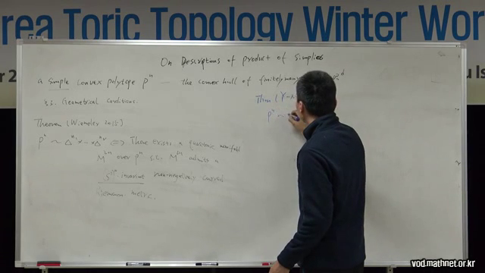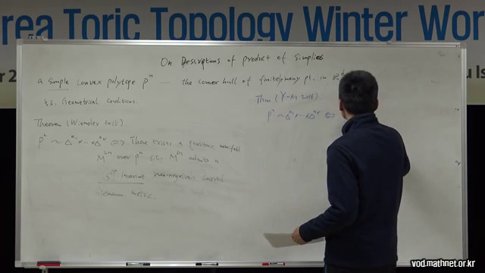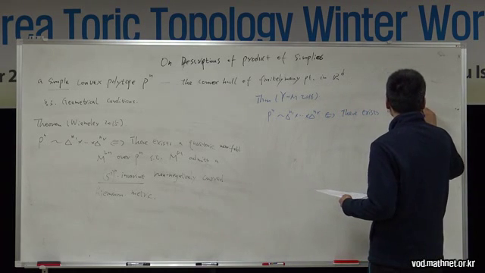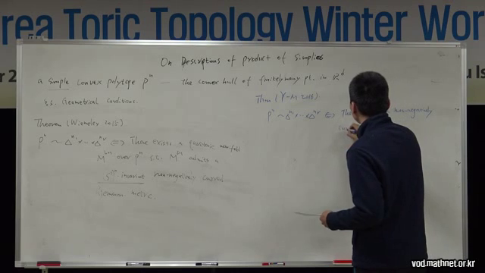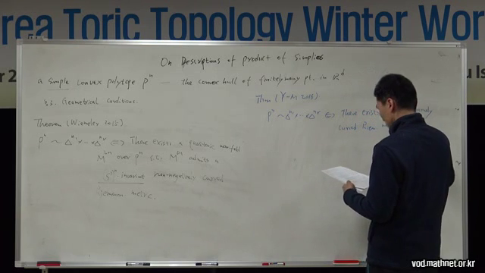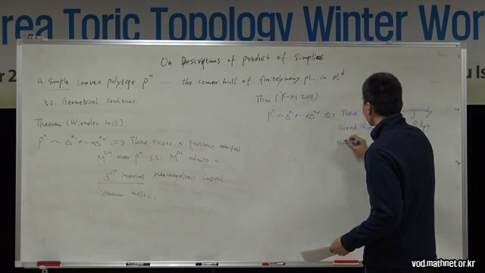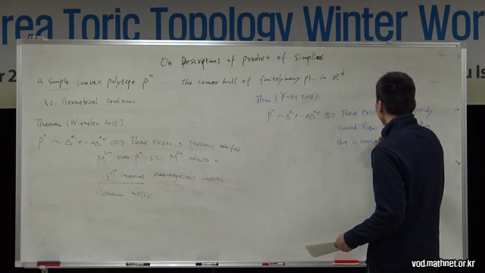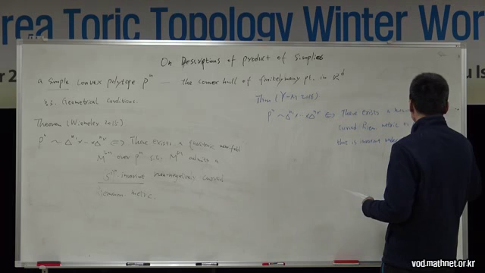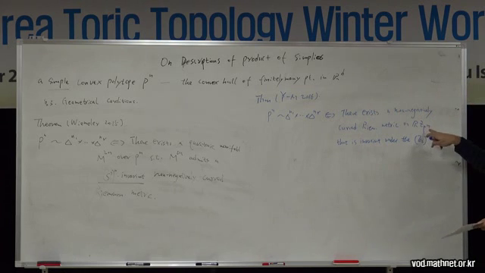So P^n is equivalent to a product of simplices if and only if there exists a non-negatively curved Riemannian metric on RZ_P, the real moment-angle manifold, that is invariant under the Z_2^m action, where m is the number of facets of P^n.